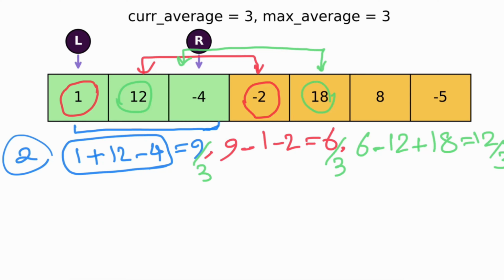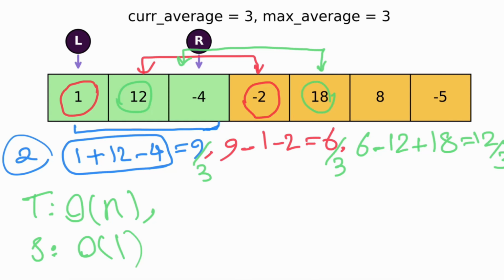So in this scenario, our time complexity will be O of n, since we only move through array one time, and at each time we have some constant operation. So overall, the time complexity is O of n, where n is the length of our array, and the space complexity will be O of 1.